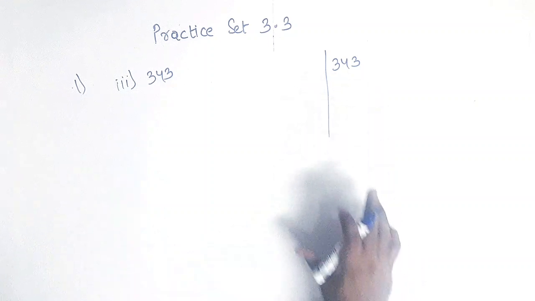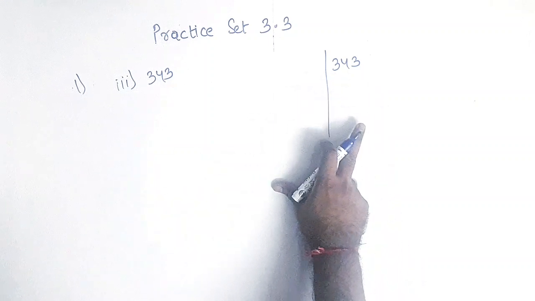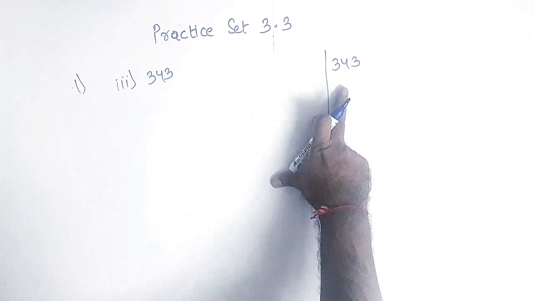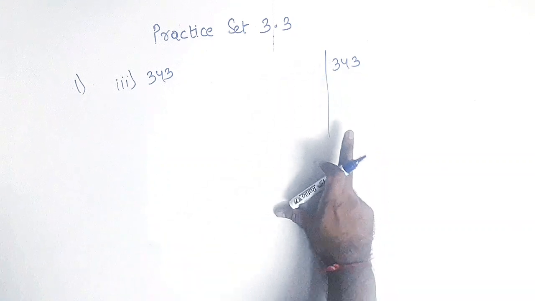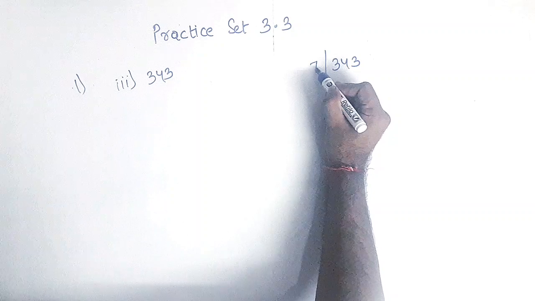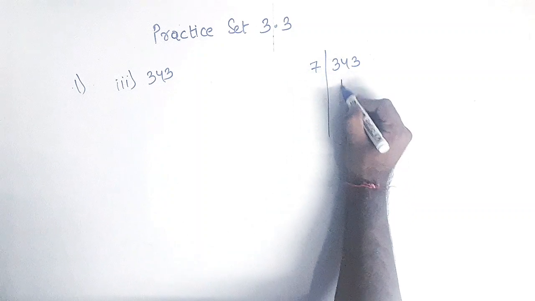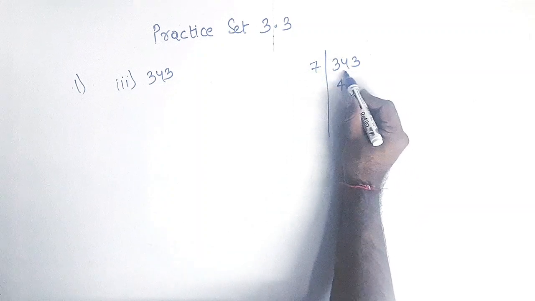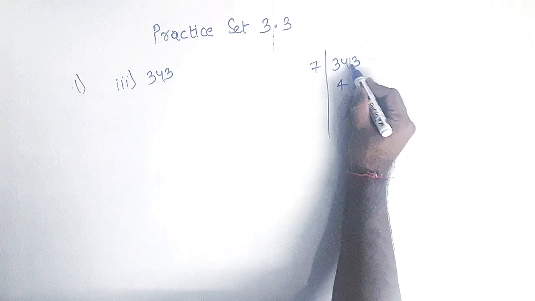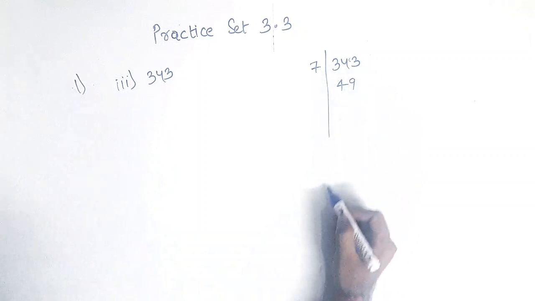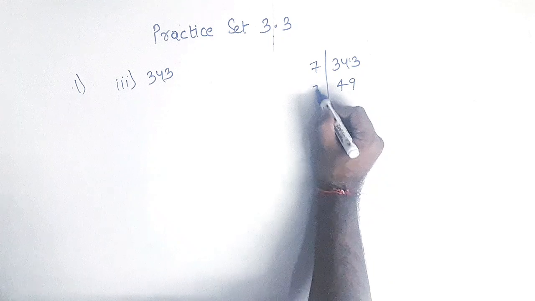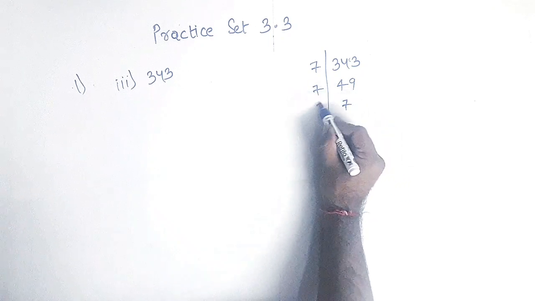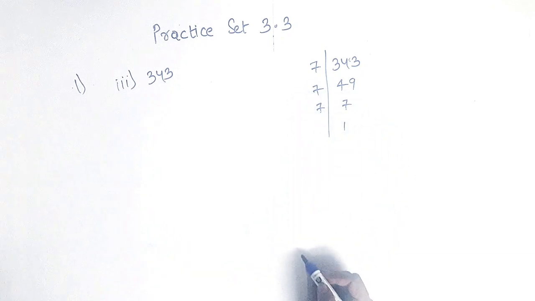No, it is not divisible by 3. Let us see 5. No. 7: 7 fours are 28, 6 remains, 63, 7 nines are 63. So yes, it is divisible by 7. Again 7 sevens are 49, 7 ones are 7.